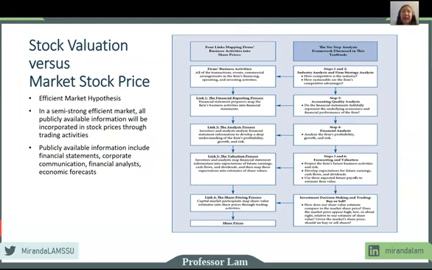So a very important caveat here as well: when we estimate the future value of the firm, our estimate may or may not match the stock price. And that has to do, first of all, with our valuation, so whether or not we are accurate.